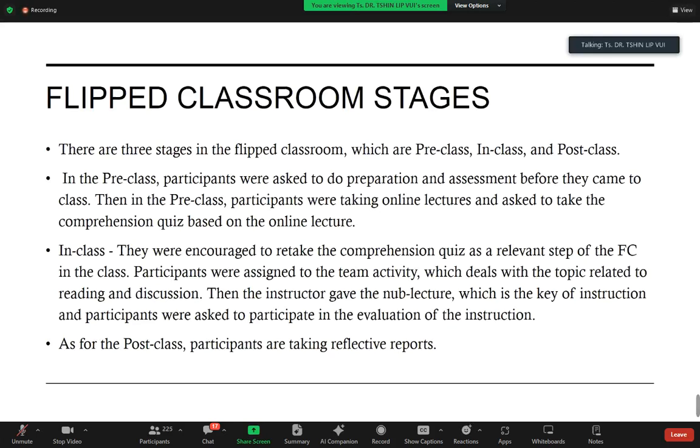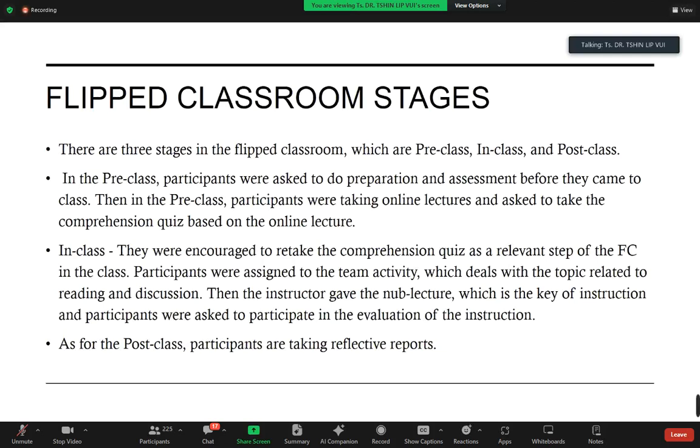So when in the class, they are encouraged to retake the comprehension quiz as a relevant step of the classroom. In the class, participants were assigned to team activity, which deals with the topic related to reading and discussion. Then the instructor gave the lecture, which is the key of instruction, and participants were asked to participate during the instruction.